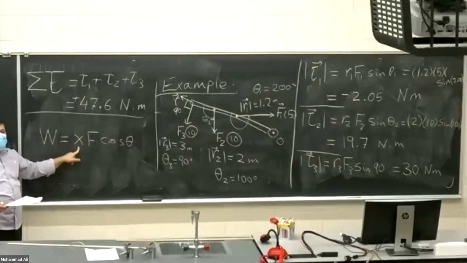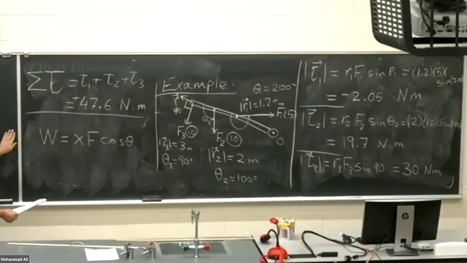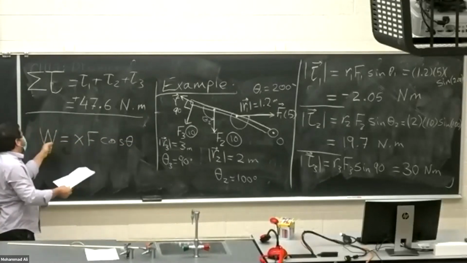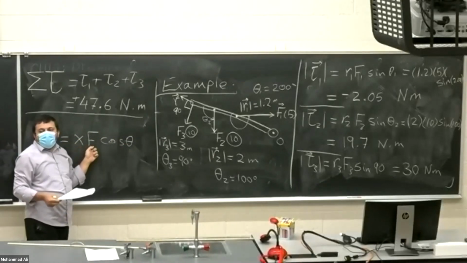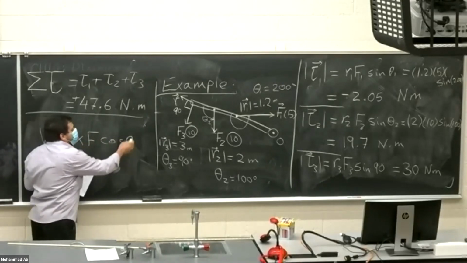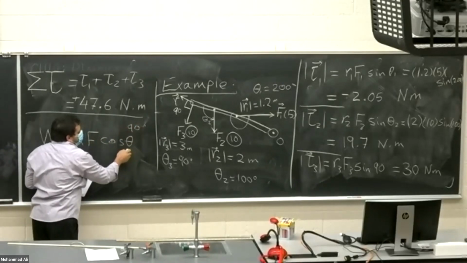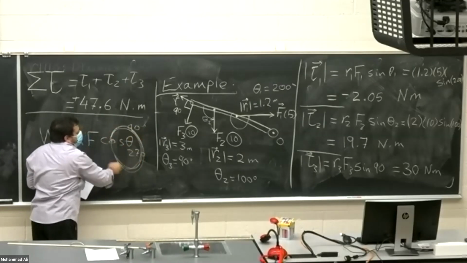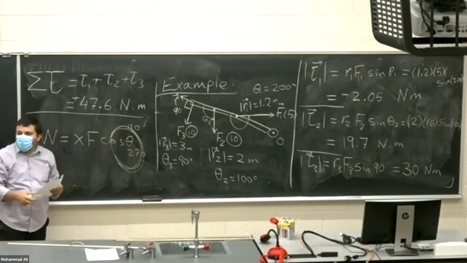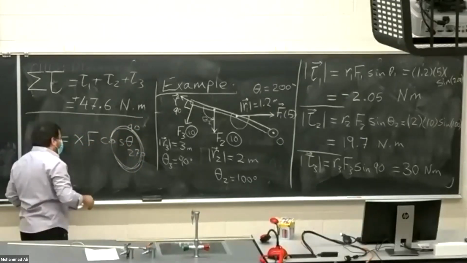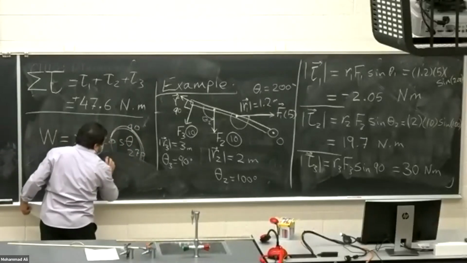The first case is when x, the motion, is 0, like when I am pushing the wall, then the work is 0. If we have 0 force, then the work is 0. If theta is equal to 90, 270, and so on, then cosine theta is equal to 0. The same way we have for the torque.